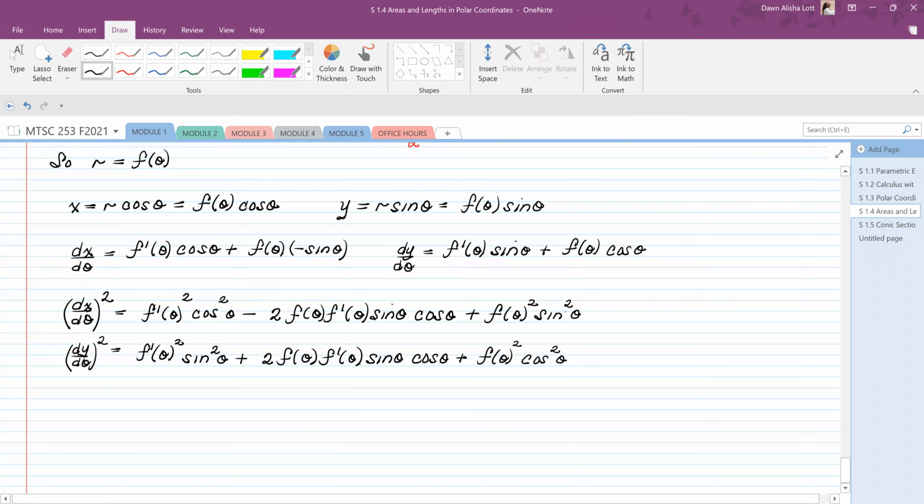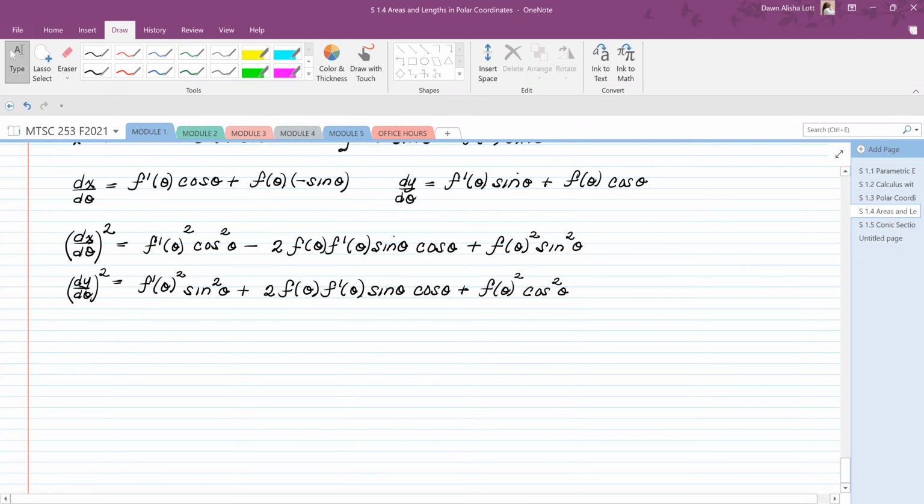Okay, so now if you add these together, on the left-hand side, you're going to get x prime of theta squared plus y prime of theta squared.